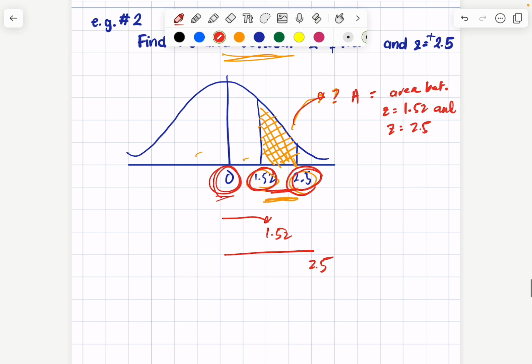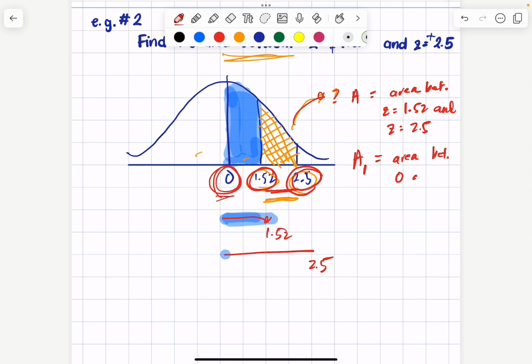So ang kinahanglan nato ani kay kaning area gikan ni 0 tama ni 1.52. So kani nga area kinahanglan po nato ni siya. So let this be A sub 1. So this will be the area between 0 and 1.52.